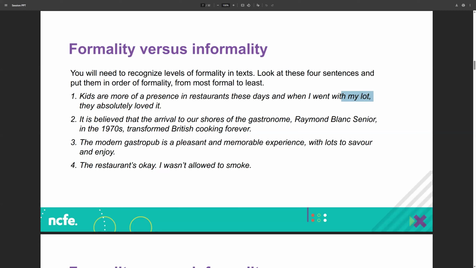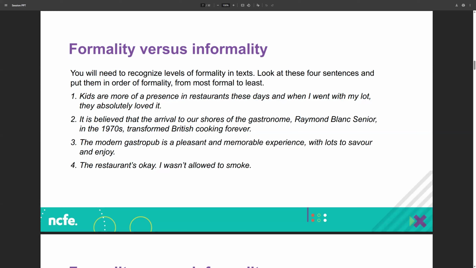Now the rest of the sentence is fine. That's why it's more formal than this one, but there is still the kind of slang. And also, if you're referring to yourself in the first person, that is also considered more informal, just generally, okay? Then we have two pretty tough ones, right?